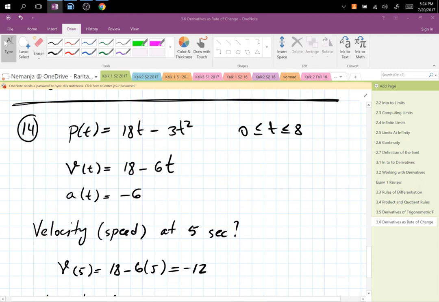Because what's the equation? -1/2 gt squared plus v0t. v0 is in front of the single t. That's this term. That's v0. This is 1/2 g, which means -6. That's how I knew before I calculated anything that this was not Earth, because that number is not 5 or 16. Good.